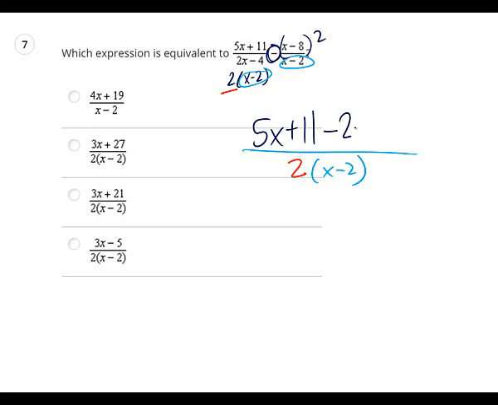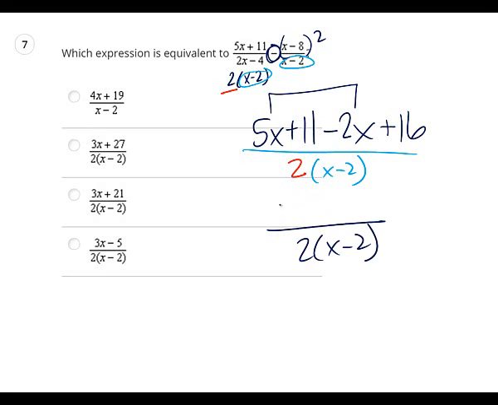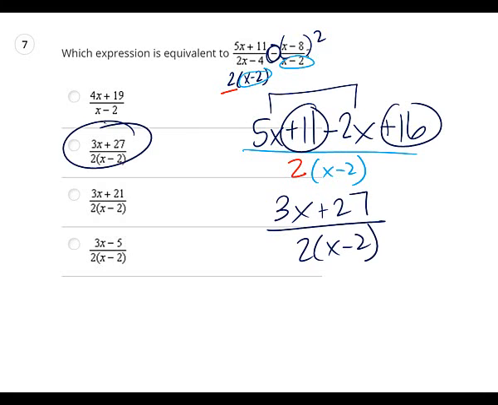Negative 2x. Negative 2 times negative 8 is? Positive 16. It looks like my denominator, I do not need to distribute that back in, looking at the answer choices. What's 5x and negative 2x? 3x. And then 11 and 16 is what? 27. So it's looking like the second one, the B choice.